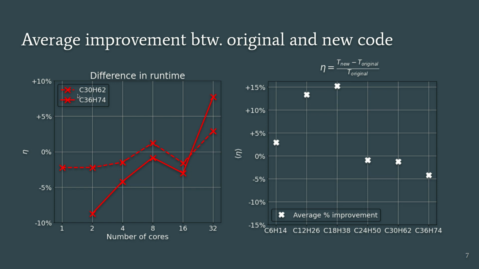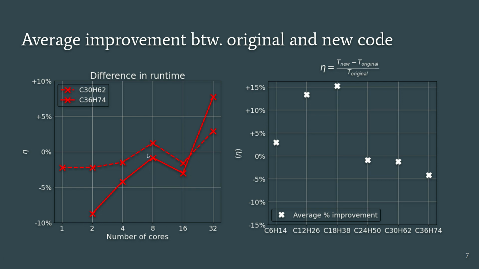We looked at C30H62 and C36H74. These systems were larger than the methotrexate molecule. And we looked at the same number of cores for a single node, and we calculated this ratio, this eta quantity, which gives us a percentage value of how much faster or slower the new code is compared to the original one.